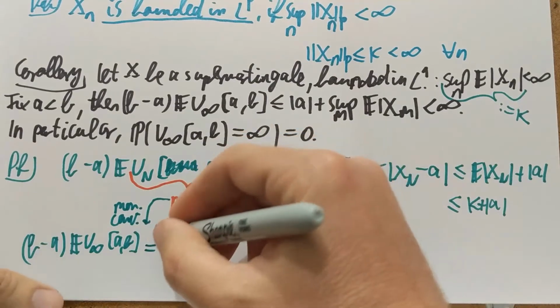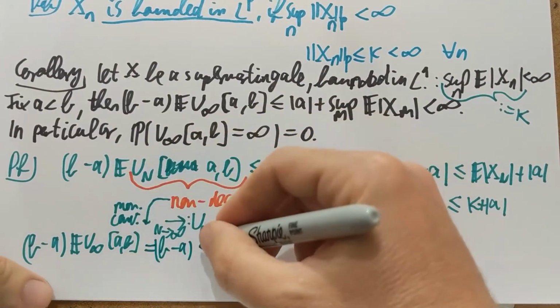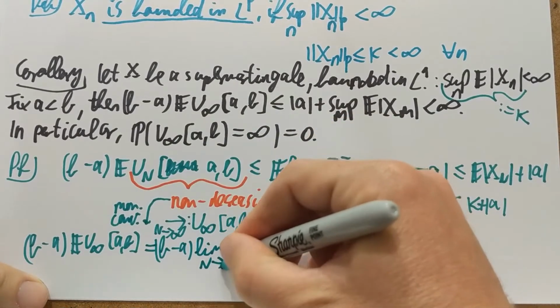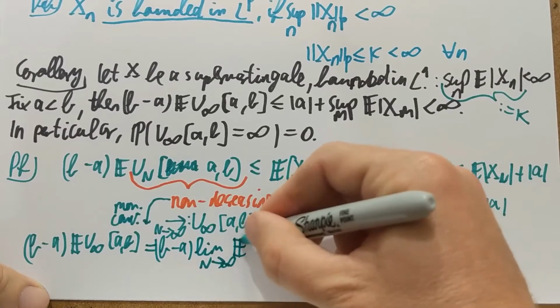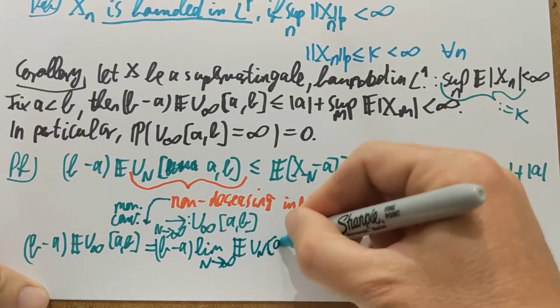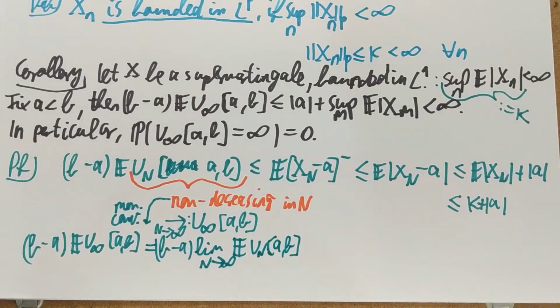So this is the same as b minus a times the limit of the expectations of Un, and this limit can be swapped with the expectation by the monotone convergence theorem. So the first step I want to make is to bring this limit over from Un, which is U infinity, out to outside the expectation.